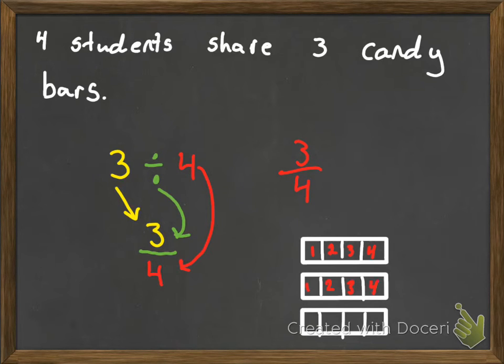And then the last one, 1, 2, 3, and 4. So every kid gets 3 pieces. And what size are those pieces? Well, those are size 4ths because we cut each candy bar into 4 pieces. 3/4.